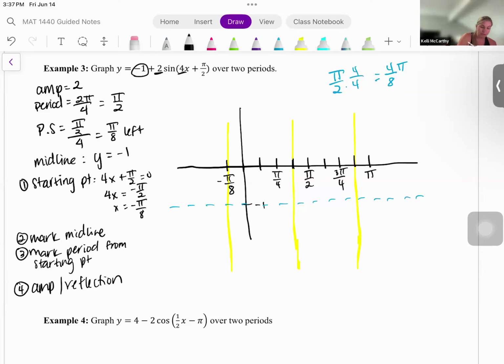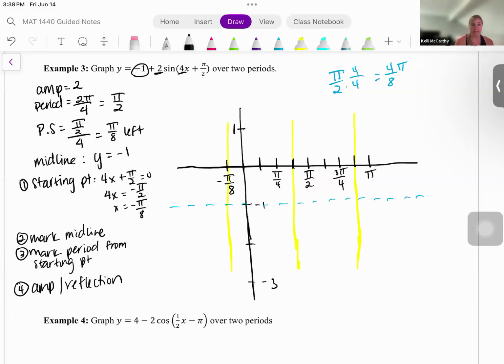So the maximum, if we started our midline of -1, -1 to 0 to 1, that's going to be our maximum. And then we're going to have to extend that vertical axis -2, -3. So we know that our maximum is going to be at +1, our minimum is going to be at -3.